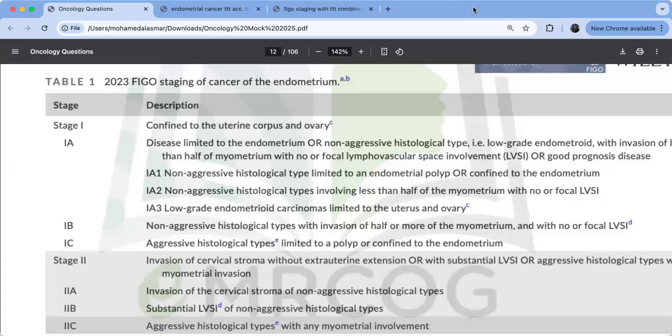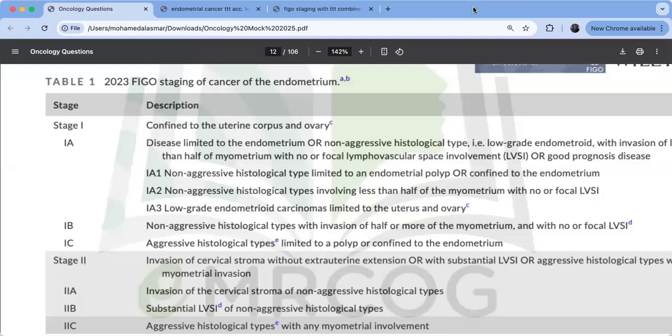So I can say, for example, this lesion invades 30% of the myometrium. This is my description, the gross picture. And then the histopathology is going to have a deeper look, and they are going to tell you that this is adenocarcinoma, for example, this is endometrioid carcinoma, this is sarcoma, or whatever, correct?